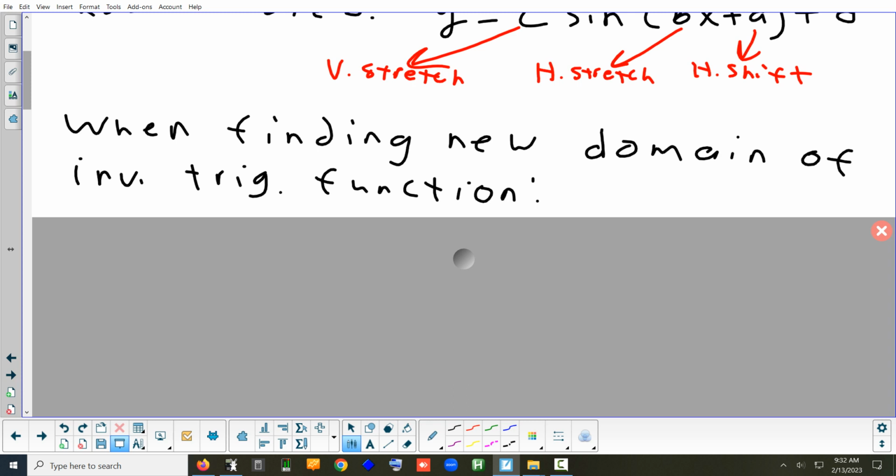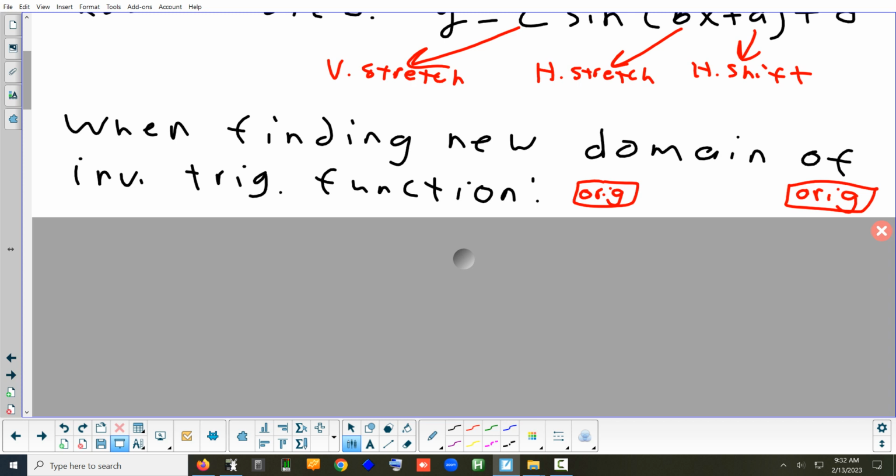To find the new domain, we're basically going to set up something like this. We know that the original function had a domain. Say it was, I don't know, -1 to 1.